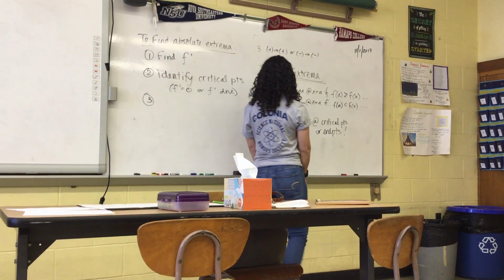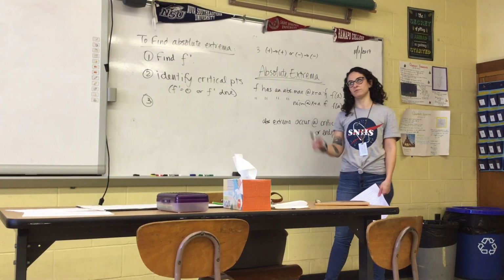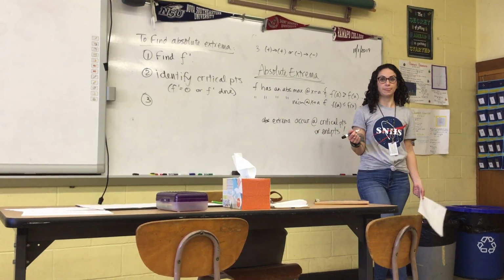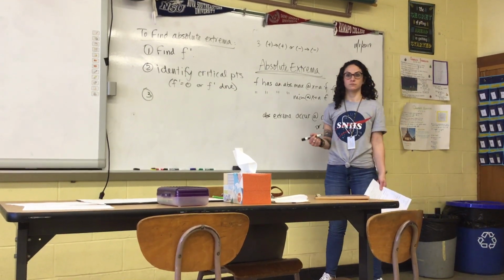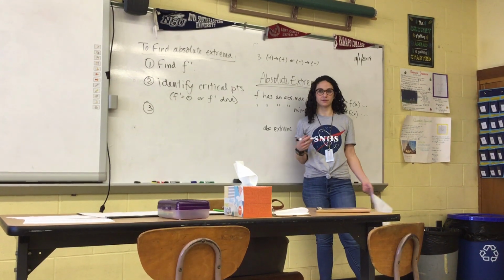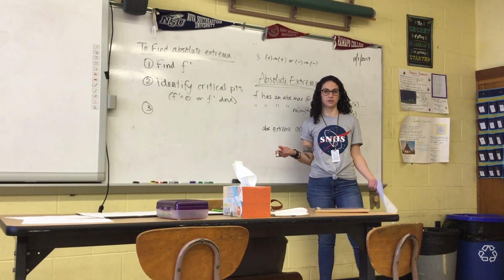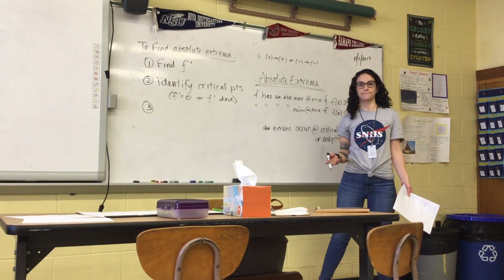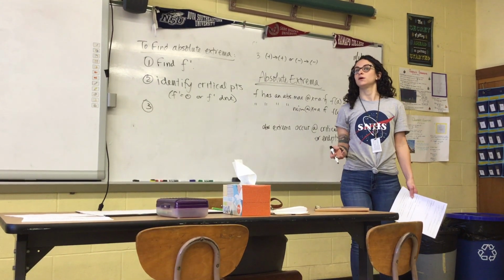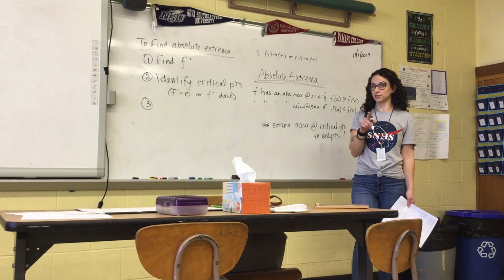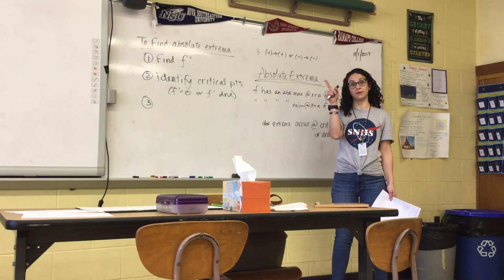Once I have my critical points, and you should be given endpoints, what should I do? What's my goal if I want an absolute max or an absolute min? Tell me in different terms. I don't necessarily want to change in sign, because a local max could not be an absolute max.